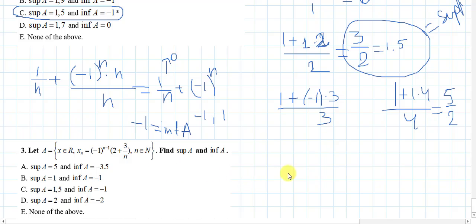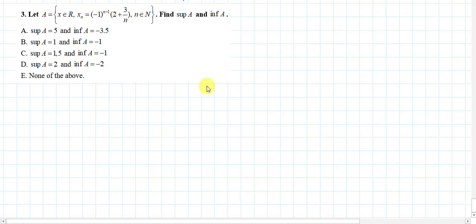Now the next one. Let A be the following set, and find again supremum and infimum. How do we find the supremum now? It is minus 1 to the power of n minus 1. If we put 1, it is just 2 plus 3, which is 5.